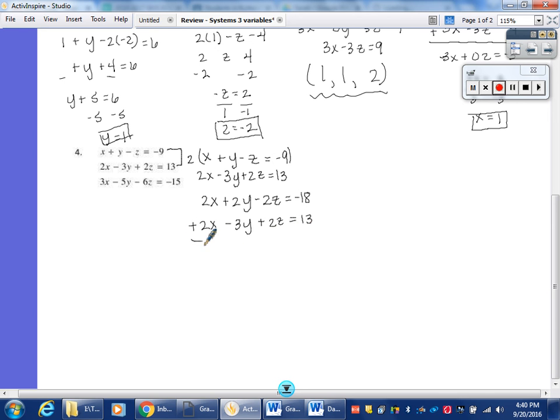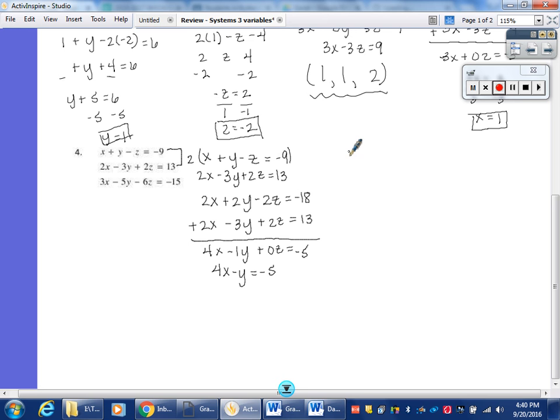Add these two together. This becomes 4x, a positive 2y and a negative 3y is negative 1y, and then plus 0z is equal to negative 18 plus positive 13, which is negative 5. So you've got 4x minus y is equal to negative 5. That's one of my two variable equations.